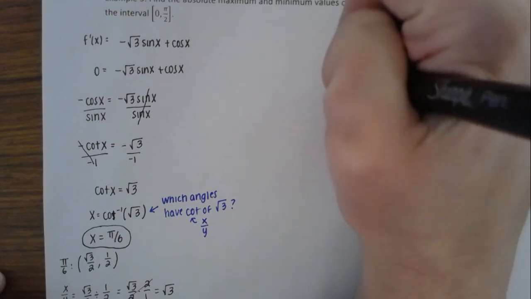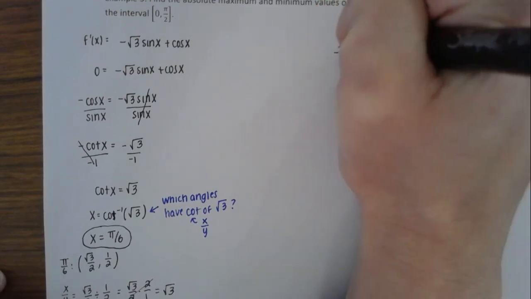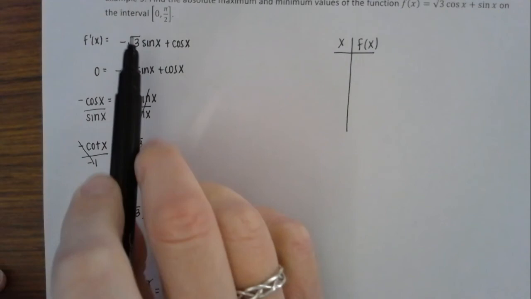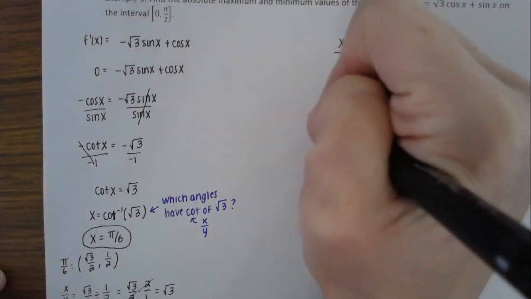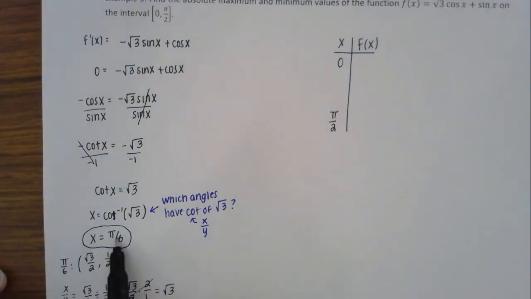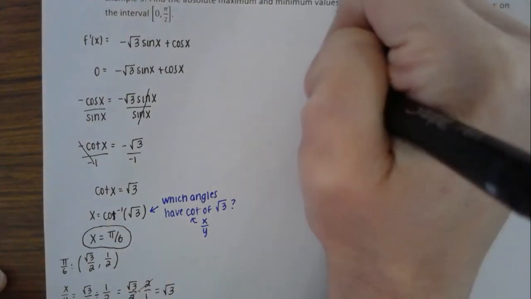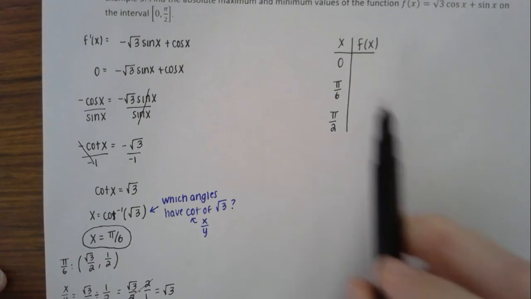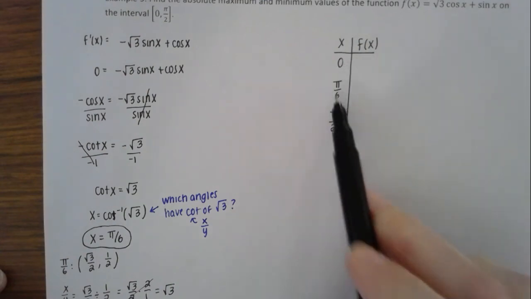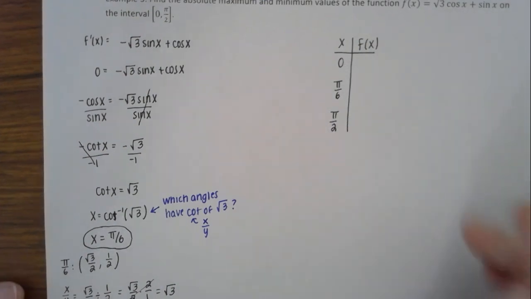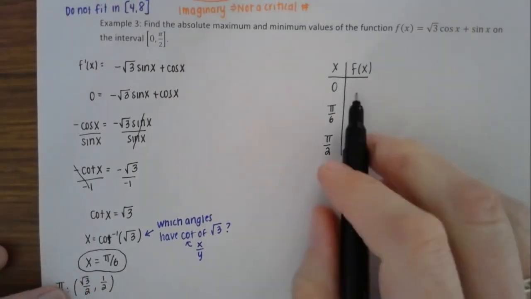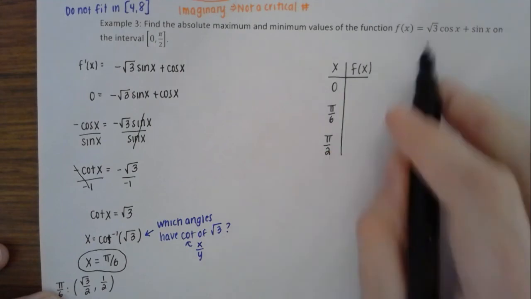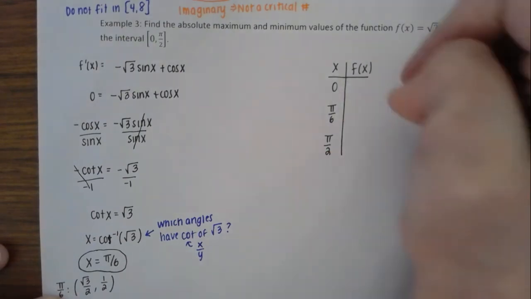Now what I need to do is set up my t-chart. I'm going to put in my endpoints, so 0 on the top, pi over 2 on the bottom, and then I'm going to put in my pi over 6 right in between. So my critical numbers are 0, pi over 6, and pi over 2 that I'm looking to test, and then I can just go ahead and do my math by plugging it back into this original function.